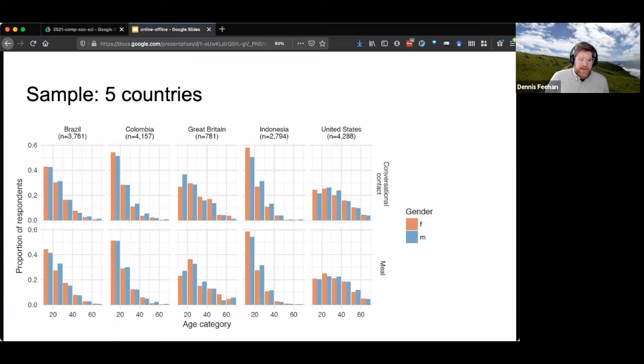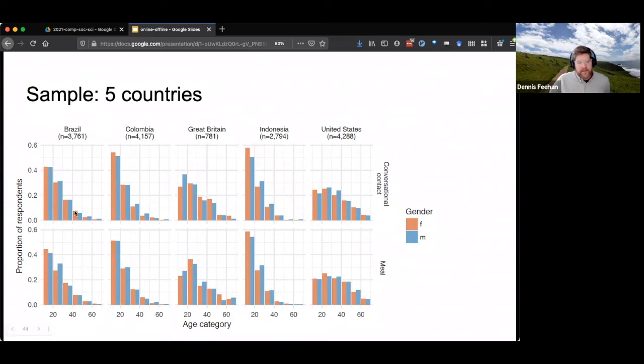We had respondents from 5 different countries in our sample. So this plot shows the age and gender distribution of respondents from each country for the conversational contact tie definition and the meal tie definition. Remember that respondents were randomized to report about one of these 2 different types of network.